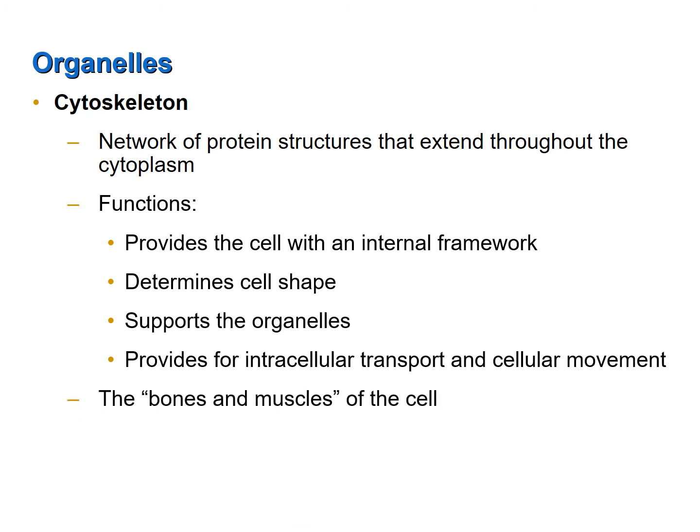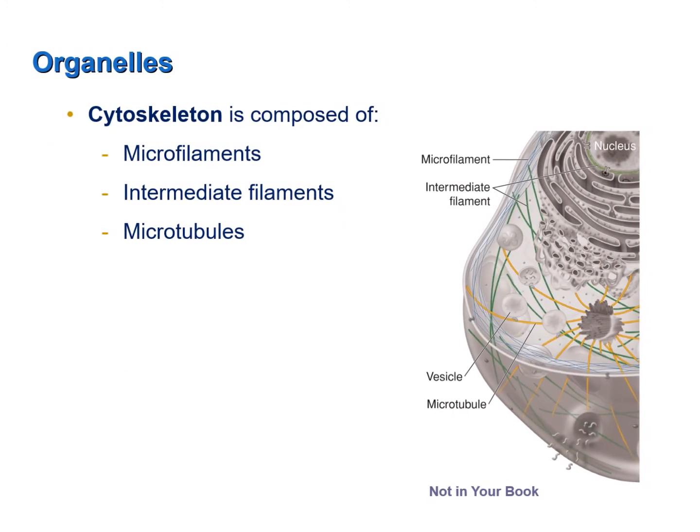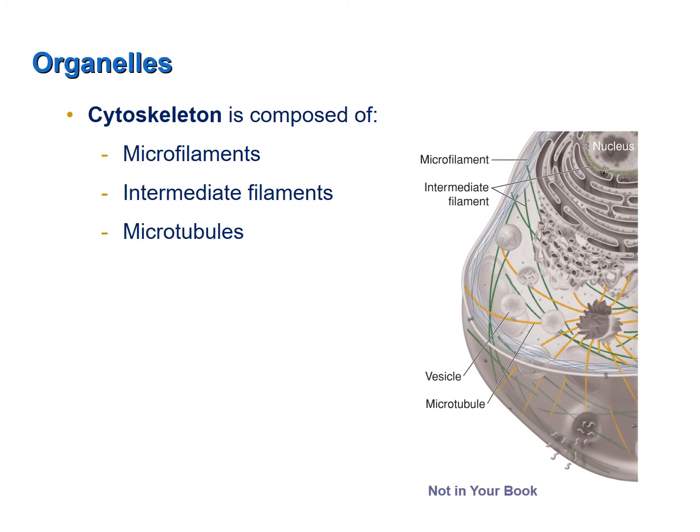So you can think of the cytoskeleton as both the bones and the muscles of the cell. The cytoskeleton is composed of three functionally and structurally different components: microfilaments, intermediate filaments, and microtubules.